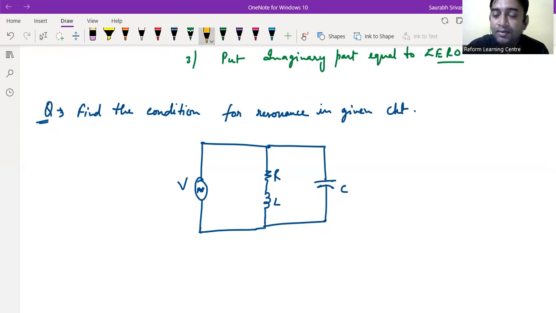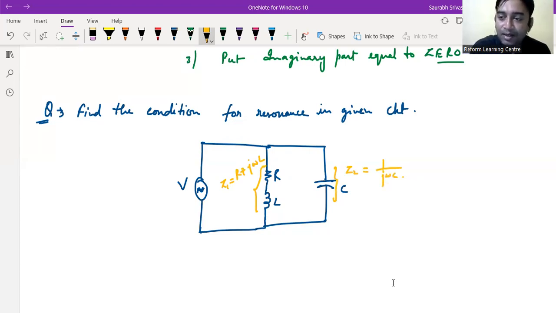Now we know that impedance is added in series circuit. In parallel circuit, admittance is added. इसका impedance Z1 will be R plus J omega L, and this Z2 will be 1 upon J omega C.